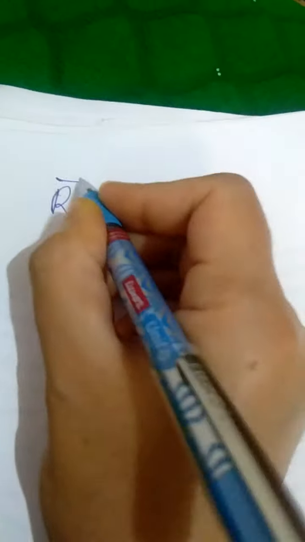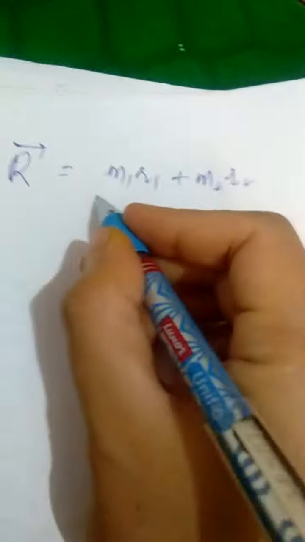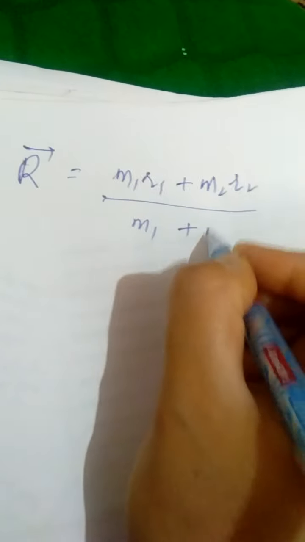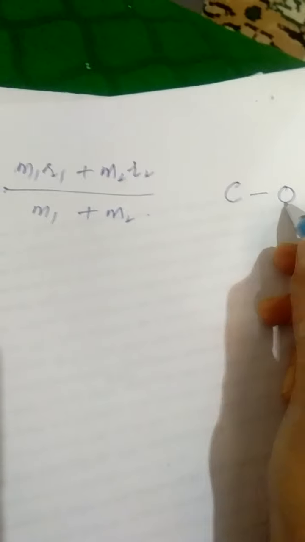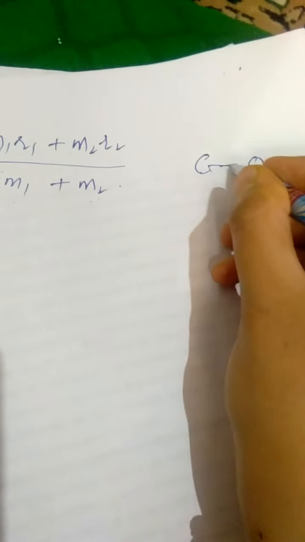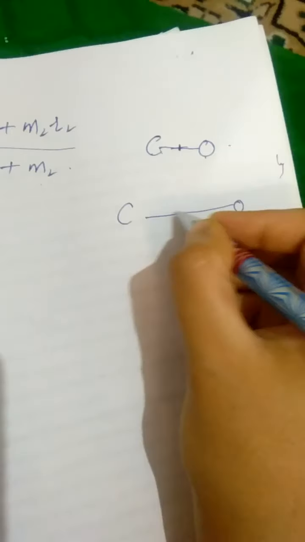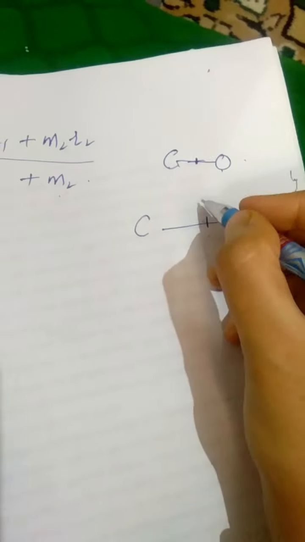Again, I will make use of the equations that I have derived. I know that the position of the center of mass is given by m1r1 plus m2r2 divided by m1 plus m2, because in case of the carbon monoxide molecule only two particles are involved. But it will be convenient for me if I choose that the center of mass is at the origin of the frame of reference, right?